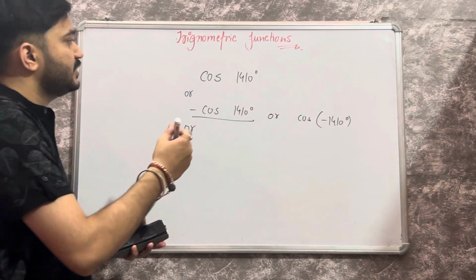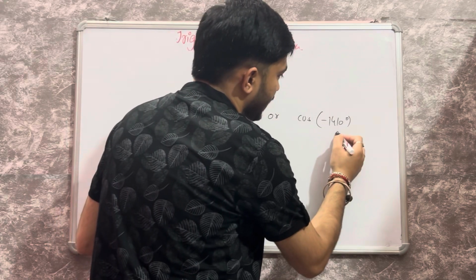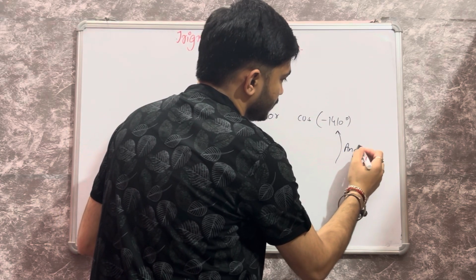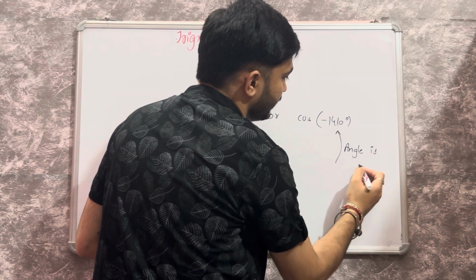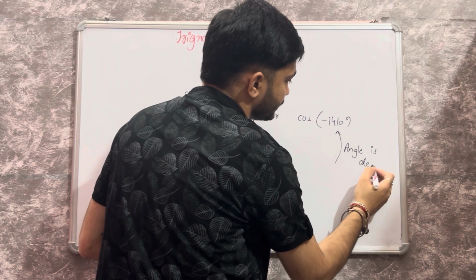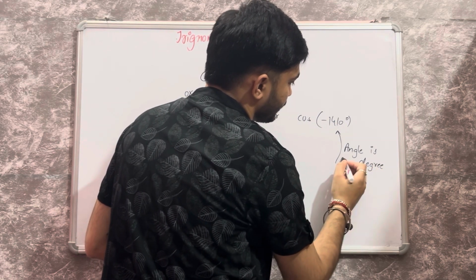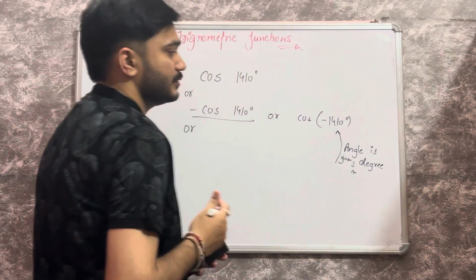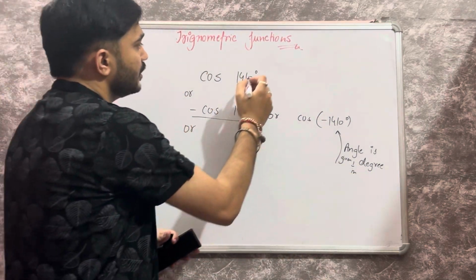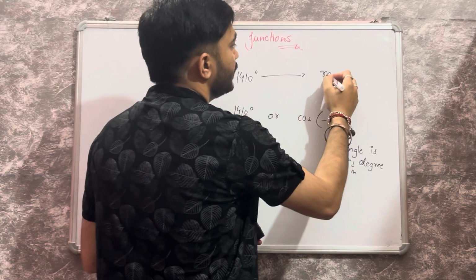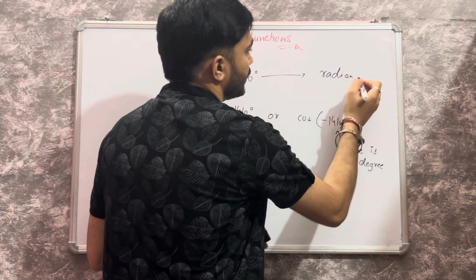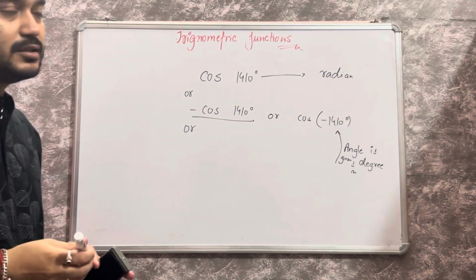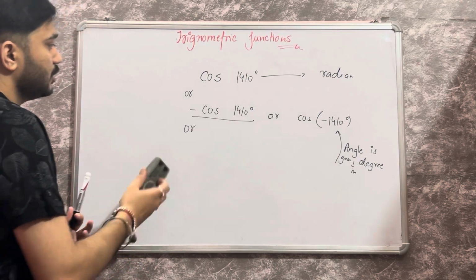Here we see that the angle is given in degrees. What if this angle is given in radians? How are we going to find that answer? Today we are talking about that.